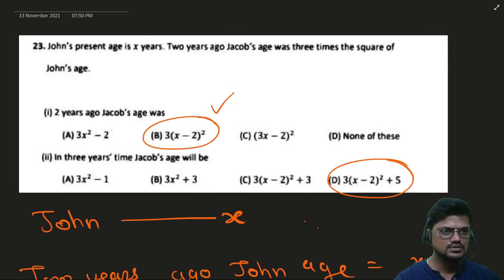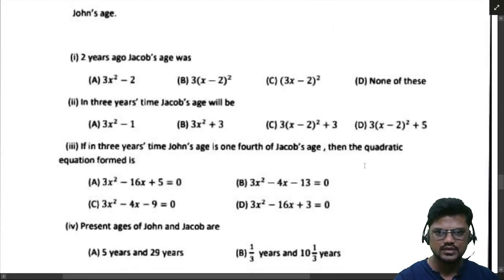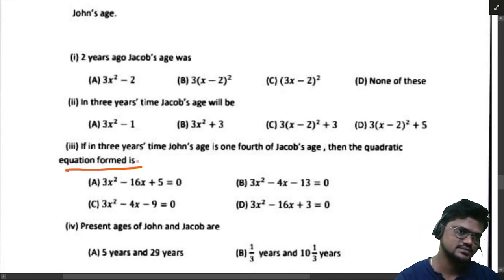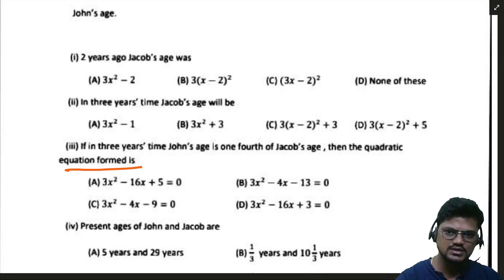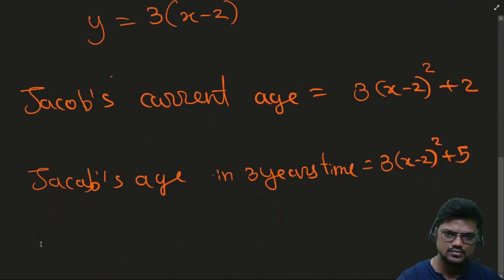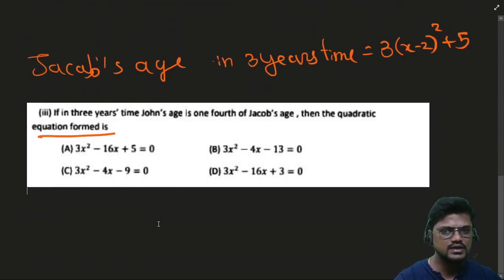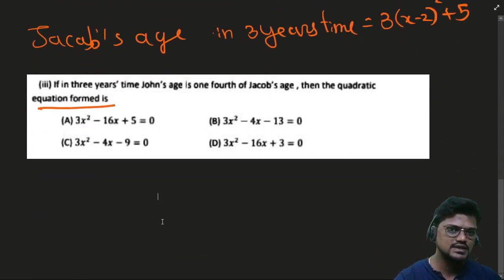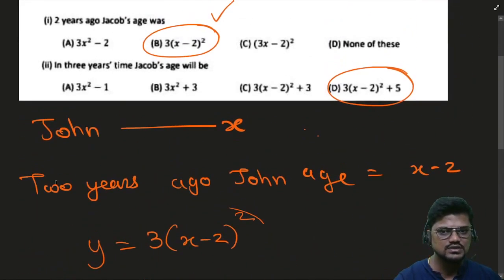There was some more thing related to this. Now in 3 years time, John's age is 1/4 of Jacob's age. Then the quadratic equation formed is. The next continued question to this. What was John's age initially? x.